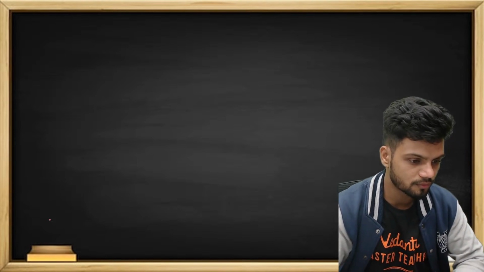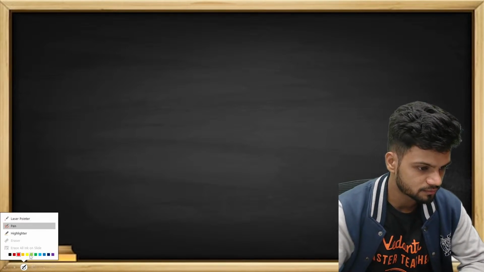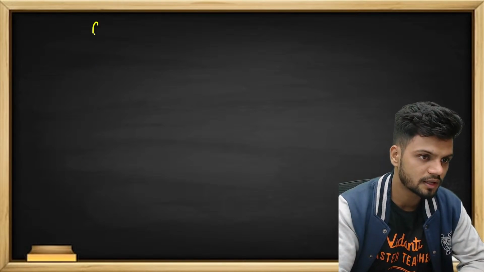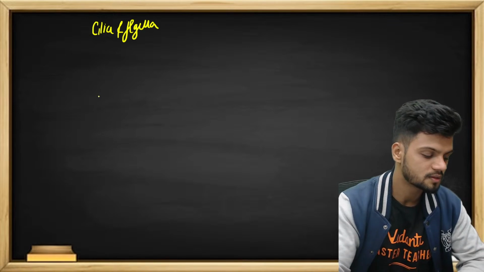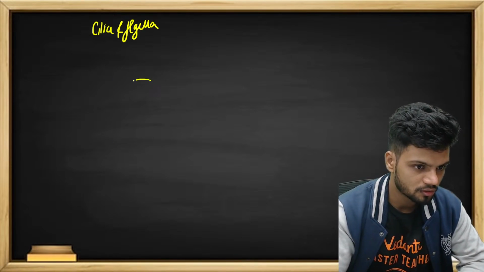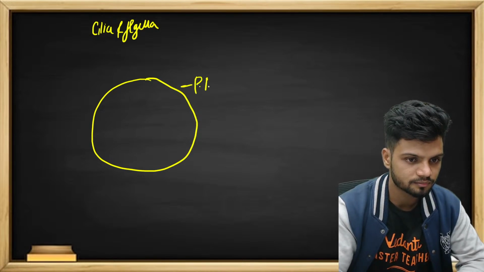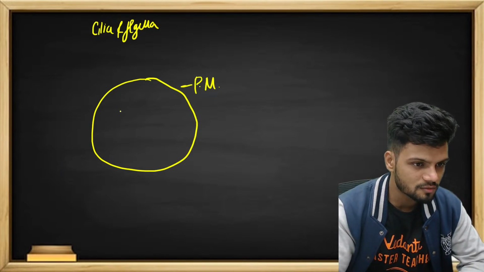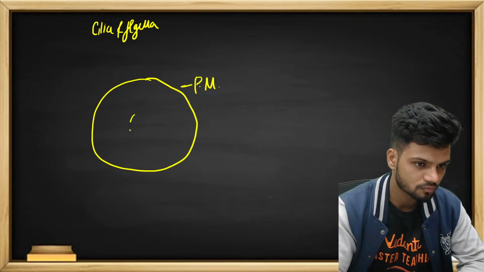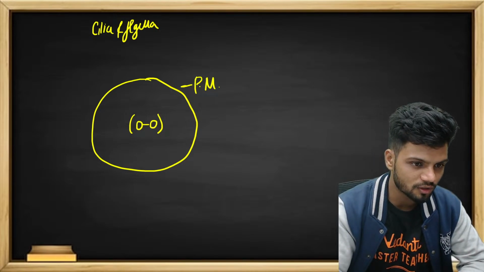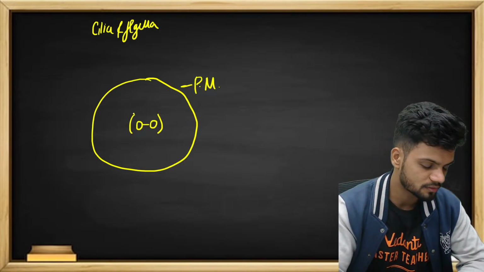Let's do the structure of cilia and flagella. Okay, they have an outer layer called the plasma membrane. Inside the plasma membrane, they have something that looks like spectacles, but it's not. It is basically the middle part. I'll tell you, let me draw it first.